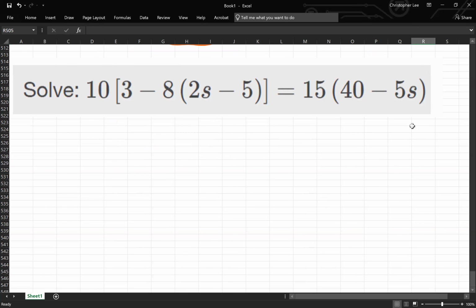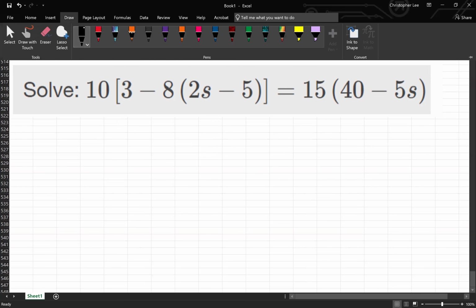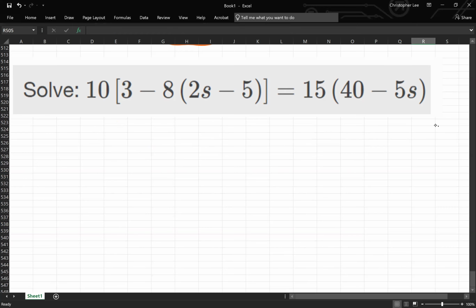So what do I do first here? What should I do first? Just like our example problem in the beginning.